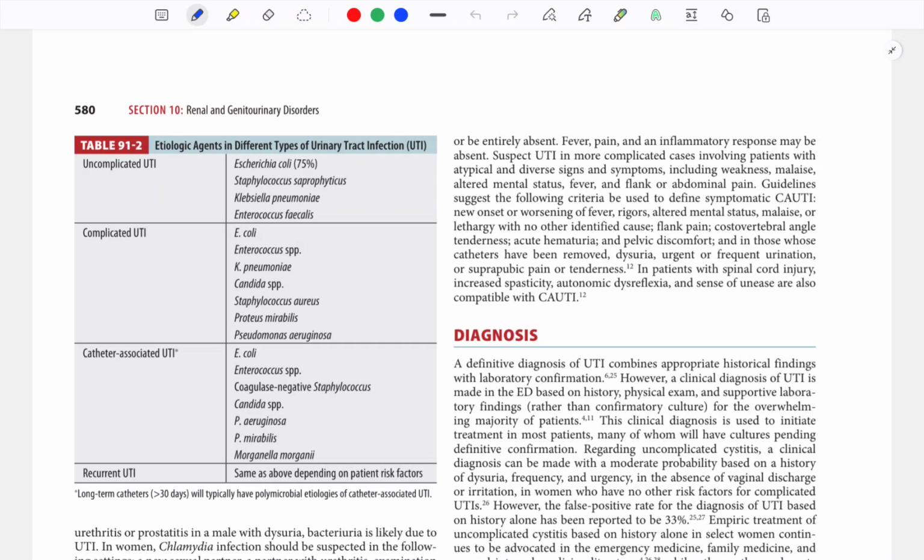Or specific renal tenderness to deep palpation may be associated with cystitis because of referred pain. So pyelonephritis is flank pain, costovertebral angle tenderness, and fever, chills, nausea, vomiting, prostration.